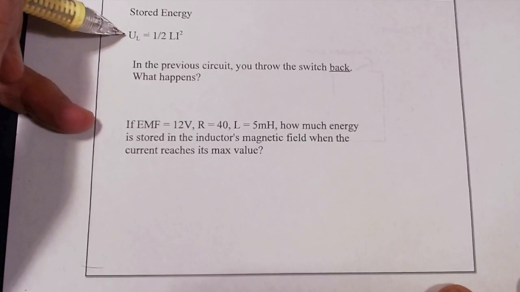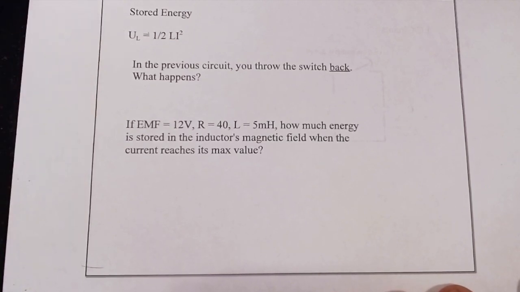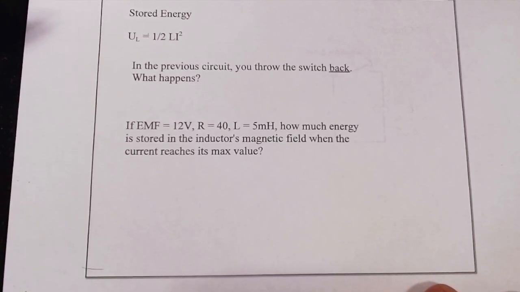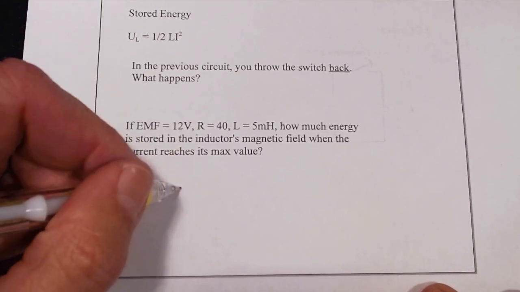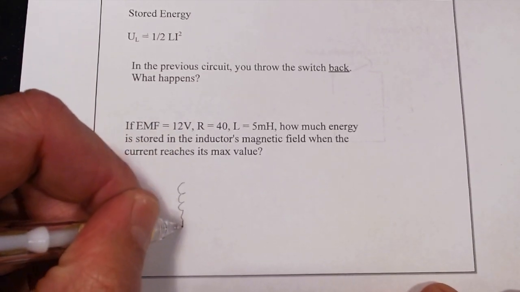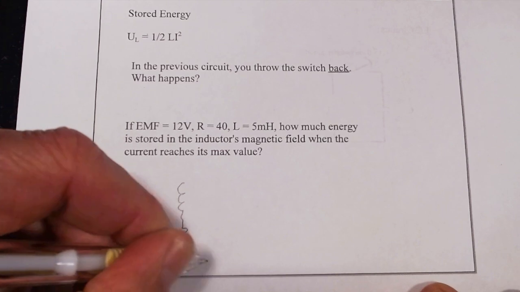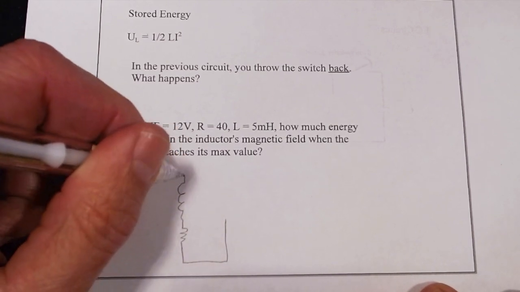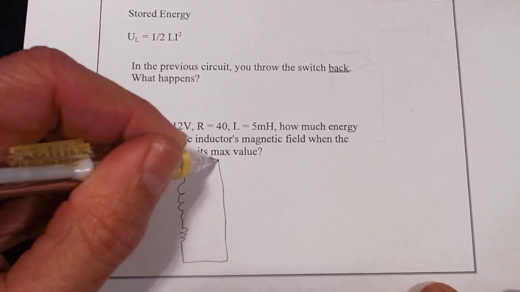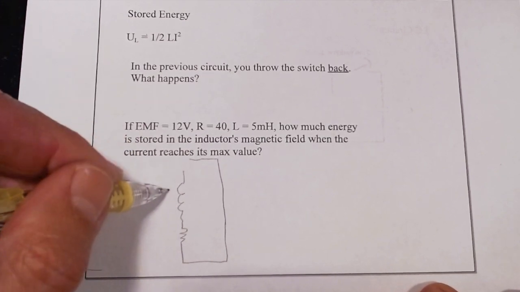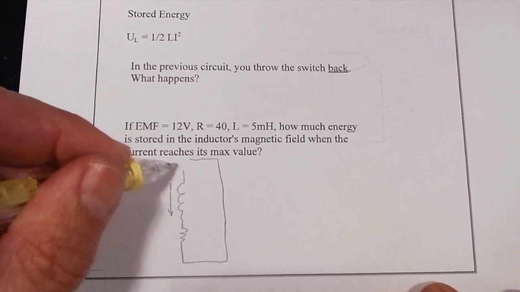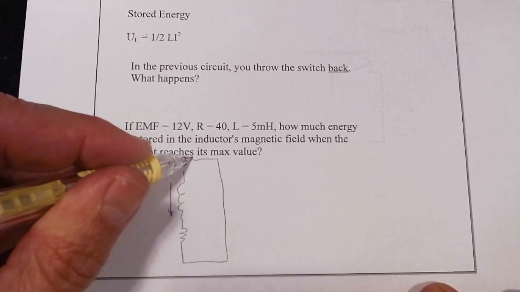Now, the equation for stored energy in an inductor, and there is energy stored. I mean, we saw in that previous situation, we had a current going through the inductor and the resistor. It was charged, and then we flipped the switch over here.